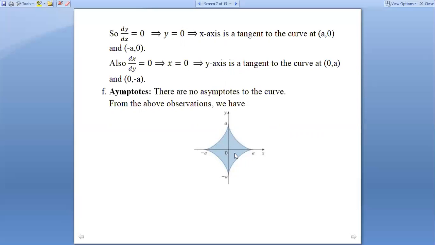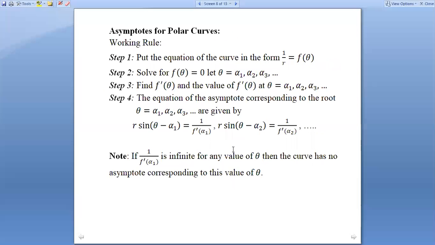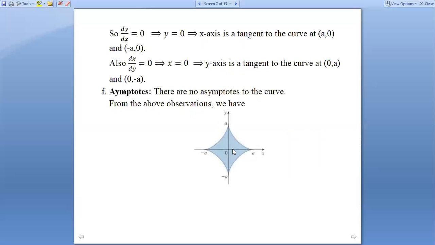At this point the x-axis is a tangent. At the point (0, a), the y-axis is the tangent. So this is how an asteroid looks. You can follow the same procedure to trace other Cartesian curves.